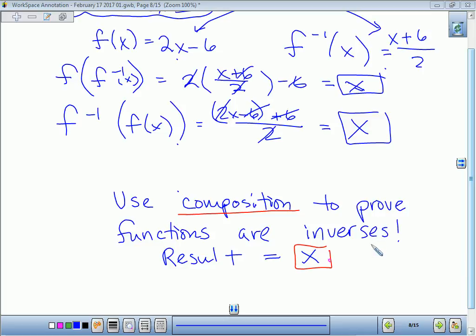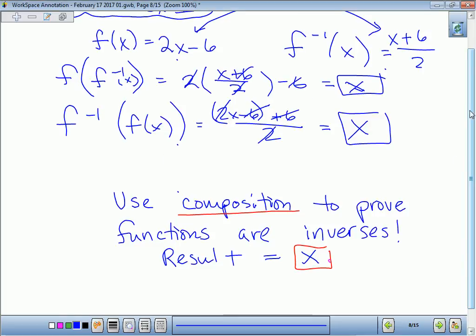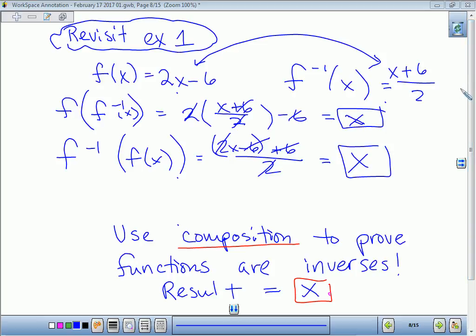And you have to do it both ways. Just do the complement of the composition. You have to do the composition both ways. Okay. So you plug one function in and then the other function in. And if both times you get x, then they are inverses.